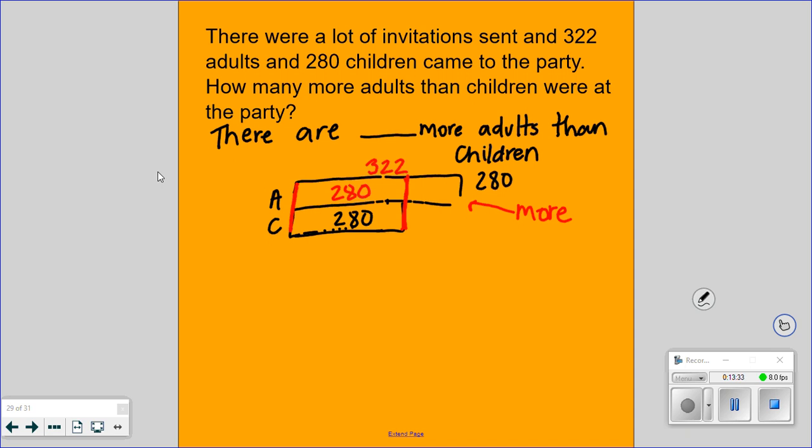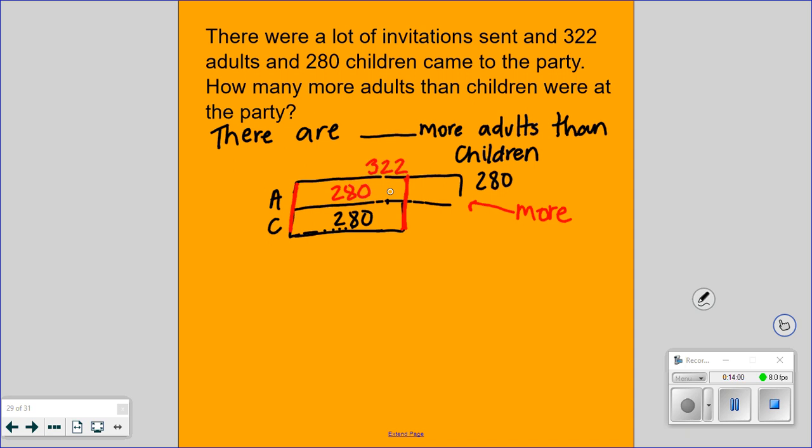Let's think about what these numbers mean. We can start with 280. That's right here. How do I figure out this part? I got 280. That's this part. Maya, I need you paying attention. Cole, you want to go for it? 280 plus blank equals 322.